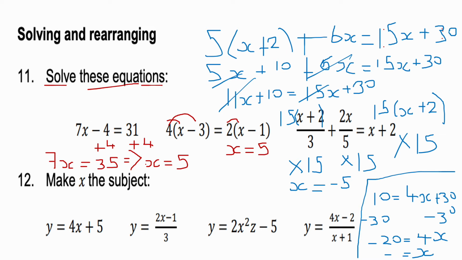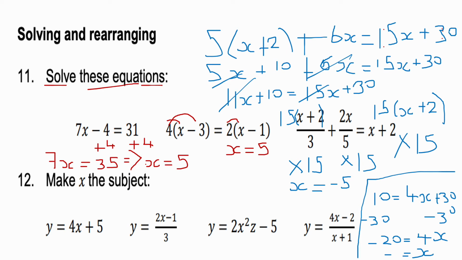I got that by doing 3 times 5. Or if you feel very comfortable with your times tables, you would list the 3 times tables, the 5 times tables, and find the smallest number that appears in both times tables.